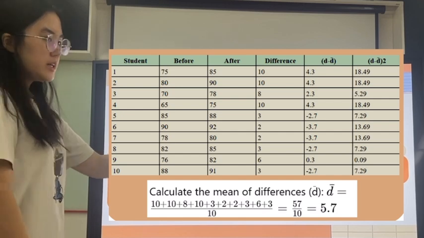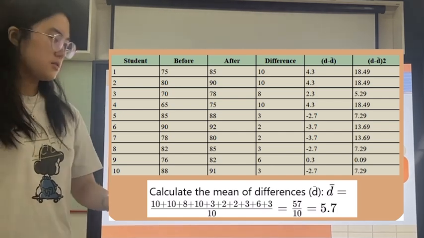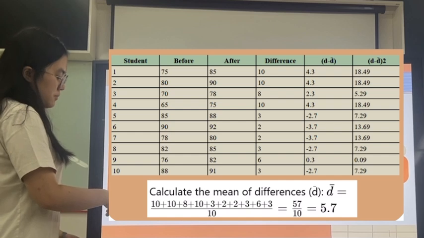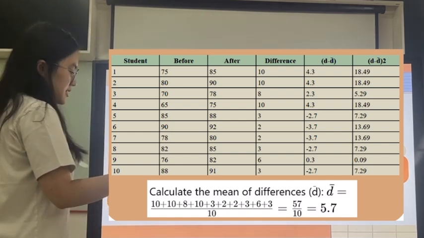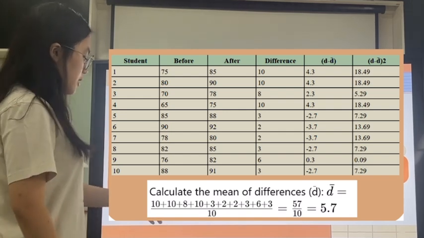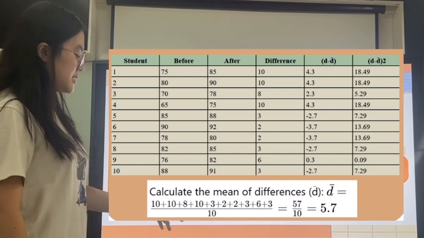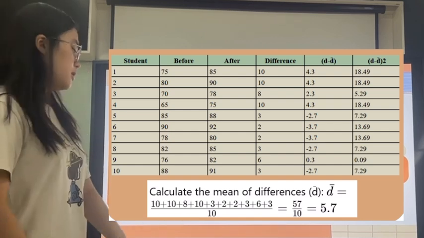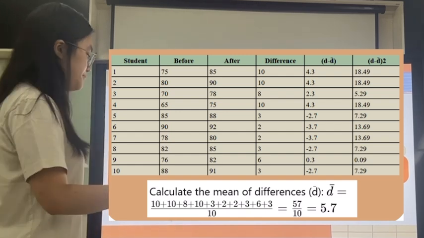After that, you're gonna need to find the mean of the difference first. So the mean is just adding all of the differences and dividing by 10. We're gonna find 57 divided by 10, which is 5.7. So the mean of the difference is 5.7.